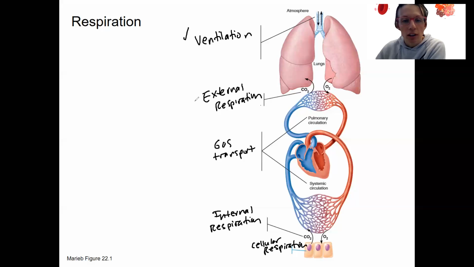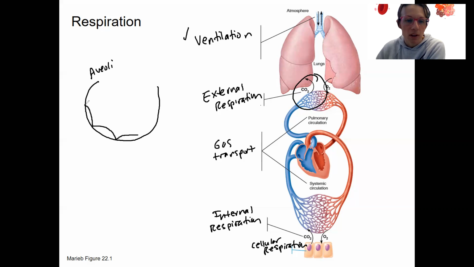So let's look at what's happening here. And actually, we started this last week, right? Already, you know that there is an alveoli, and it's made up of simple squamous epithelium. You can probably draw a better picture than me. I'm drawing cells, and then adjacent to those cells is a capillary.